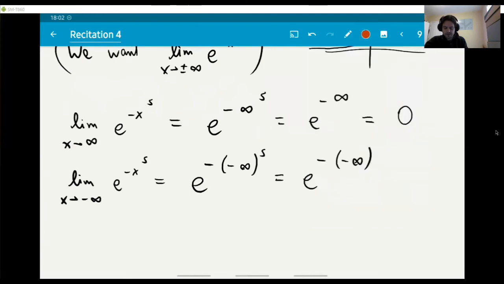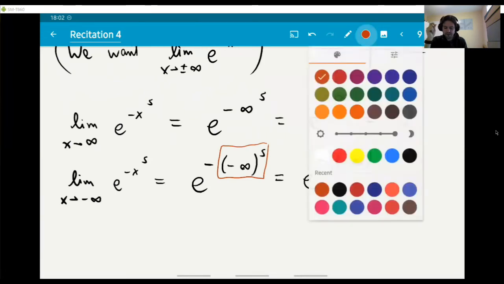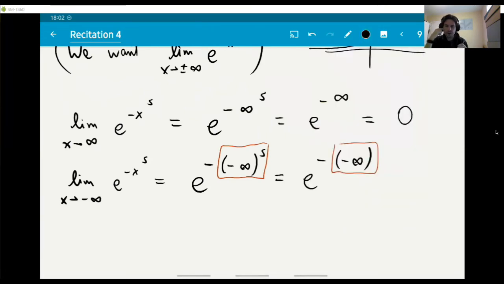That's also minus infinity. In other words, a really large but negative number raised to 5 will also produce a really large number and negative, because 5 is an odd power. Negative to the odd power is negative. But together with the other minus in the function, this produces a plus infinity.